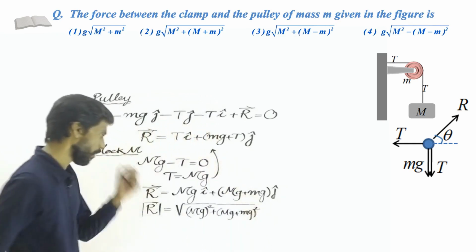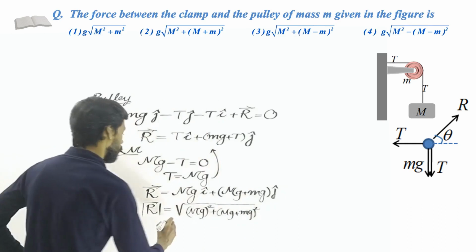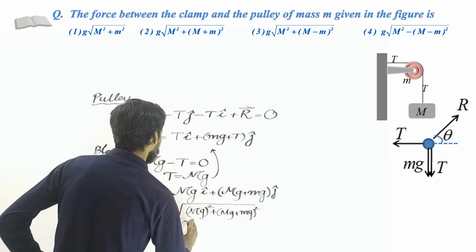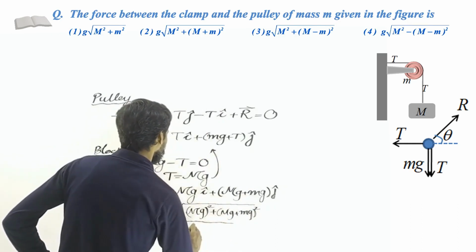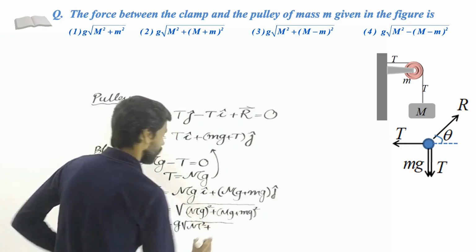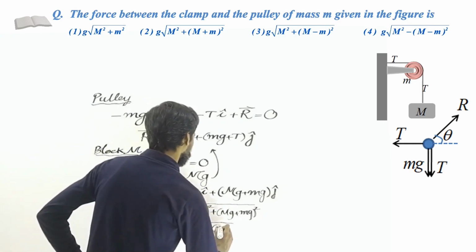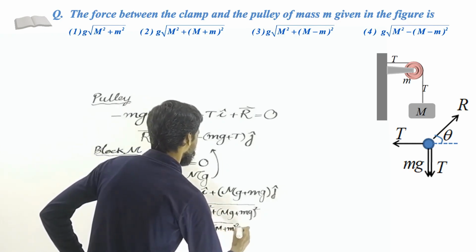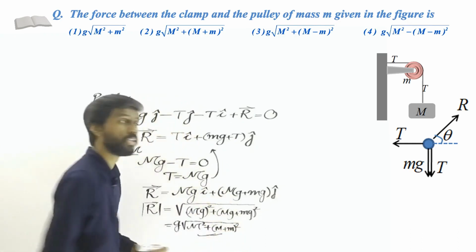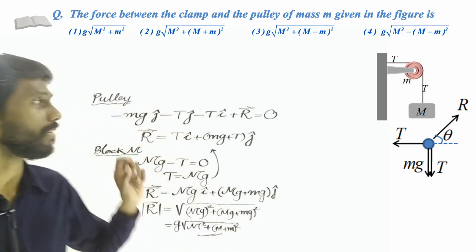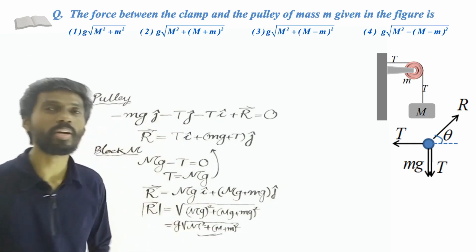G square is the common value, so we can take it out. So g times the square root of m square plus (m plus small m) square. So this is the magnitude of the force between the clamp and the pulley. Okay, so that is our required answer.